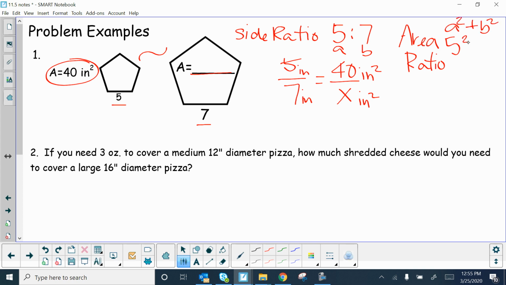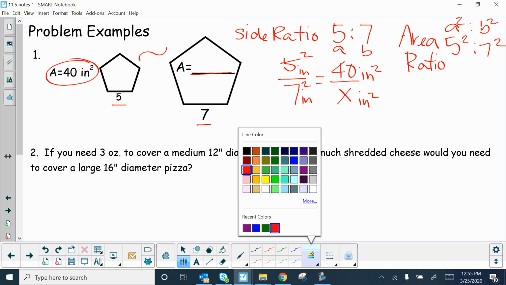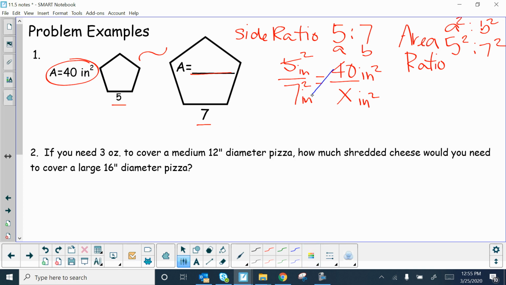So 5 squared to 7 squared. So what you really needed to do is square the 5 and the 7. And now you can cross multiply to solve for the area.